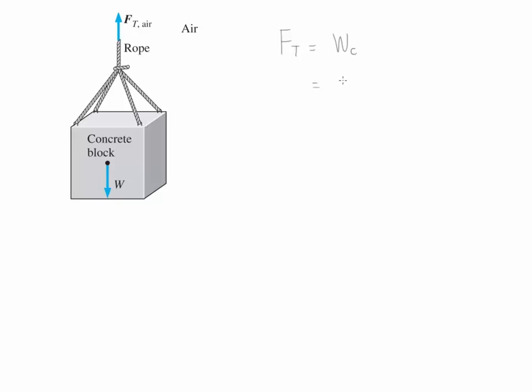The weight of the concrete is simply going to be the density of the concrete, the volume of the concrete, and the value of the gravity. The density of the concrete is given to be 2,300 kilograms per meter cubed.